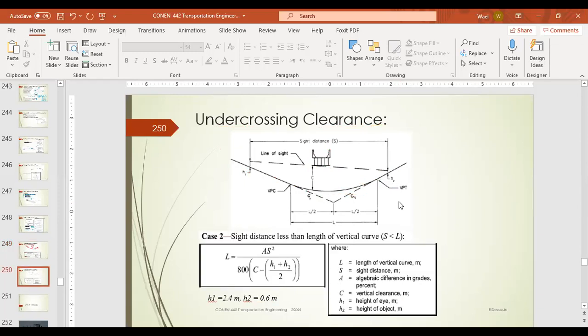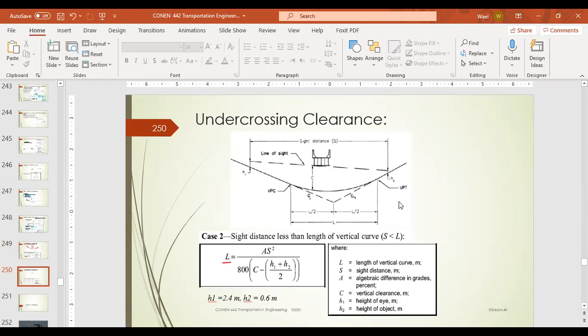If the sight distance is less than the length of the vertical curve, then we have this equation: L = A S squared divided by 800 (C minus (H1 plus H2) over 2, the average height).